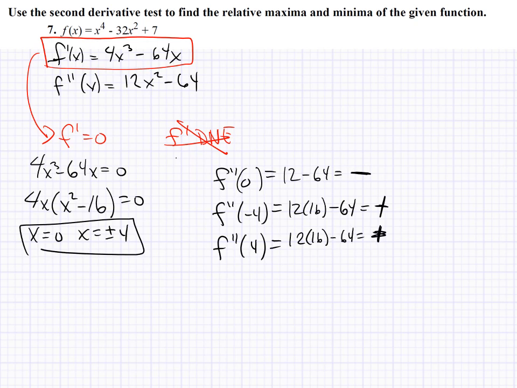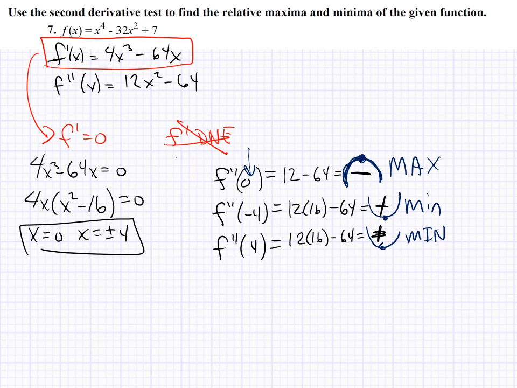So that tells me that this x value is sitting on a concave down picture. If it's sitting on a concave down picture, then the point has to be a max. The opposite is happening here. Concave up, min, min.